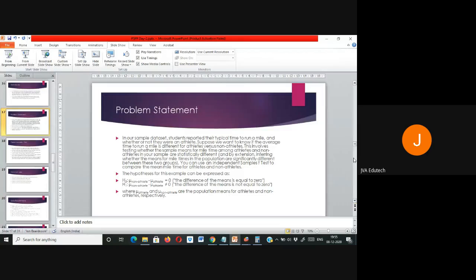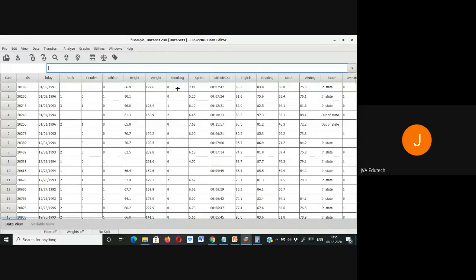And then our student groups are divided into two categories. Zero is equal to non-athlete and 1 is equal to athlete.